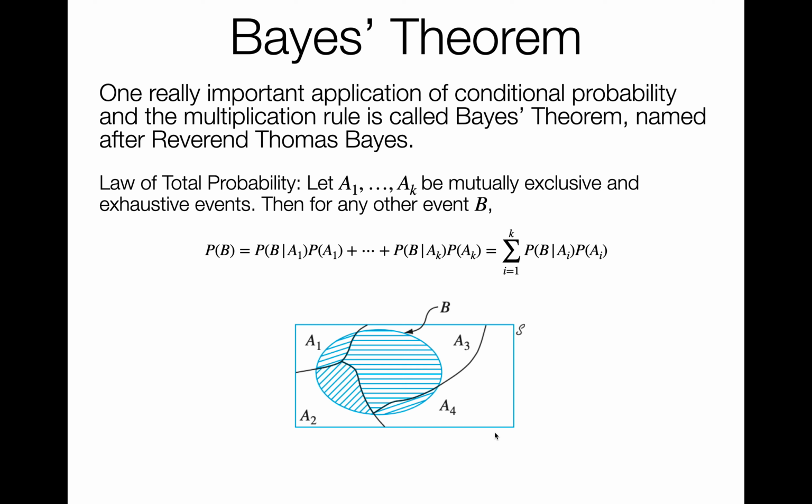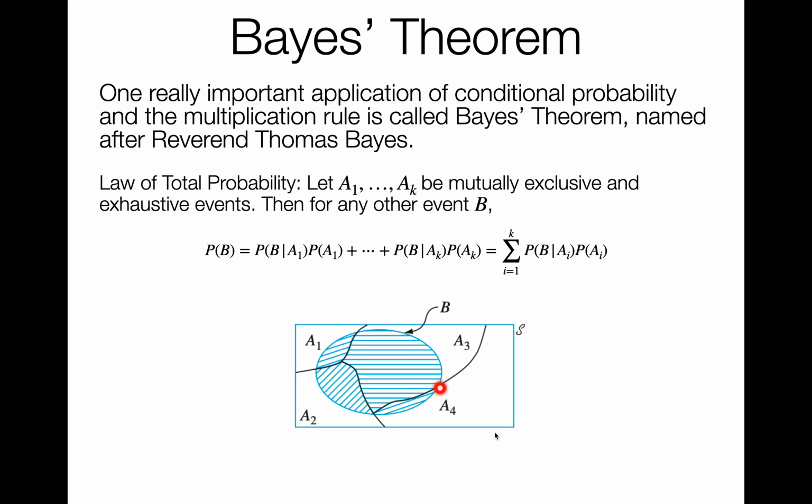But I may not have that. What I may have is the parts of B that are in each event A. So I may not be able to get to the oval exactly without the other events A. But what I can do is find each of those conditional parts, each part of B in each of the A spaces, add them all up, and then I get B unconditioned on A. I can't get at the oval altogether, but I can get the parts.